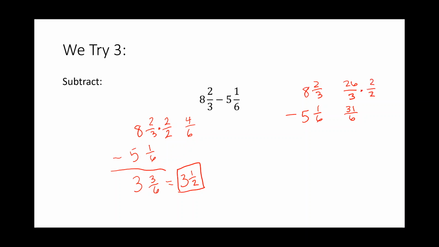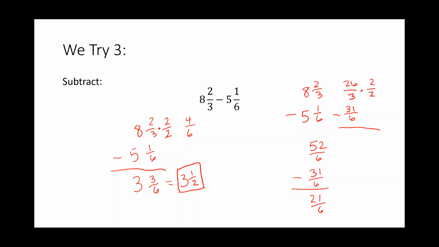My numbers are getting pretty big, but that's okay. That's going to give me 26 times 2 happens to be 52 over 6 minus 31 over 6. 52 minus 31 happens to be 21 over 6.